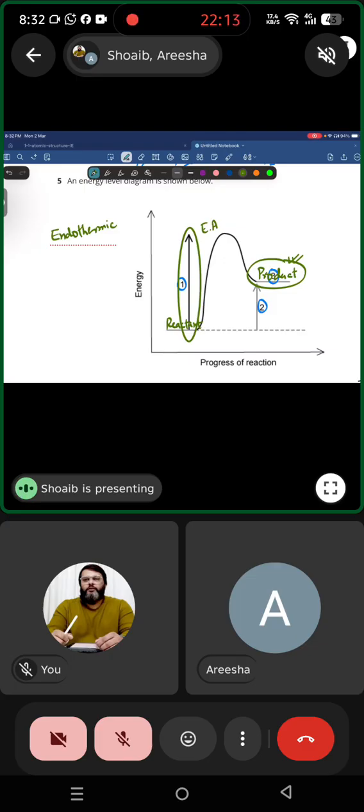Now for the next one, third is complete, one is complete.